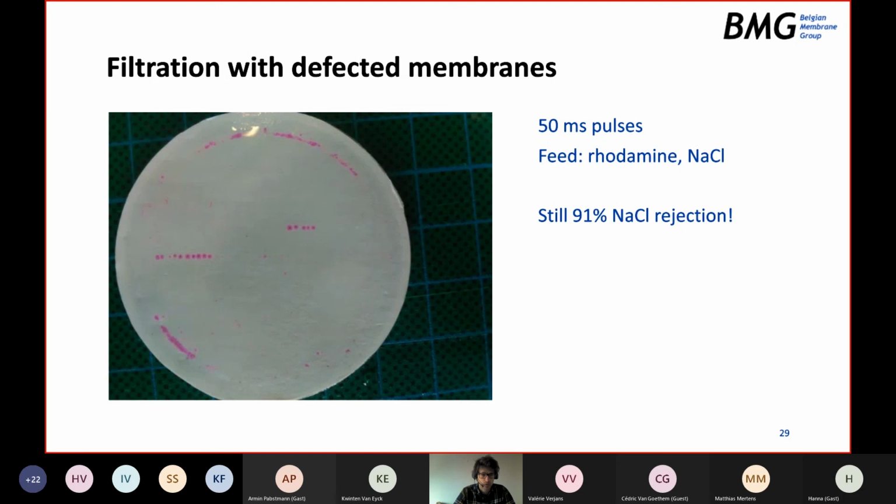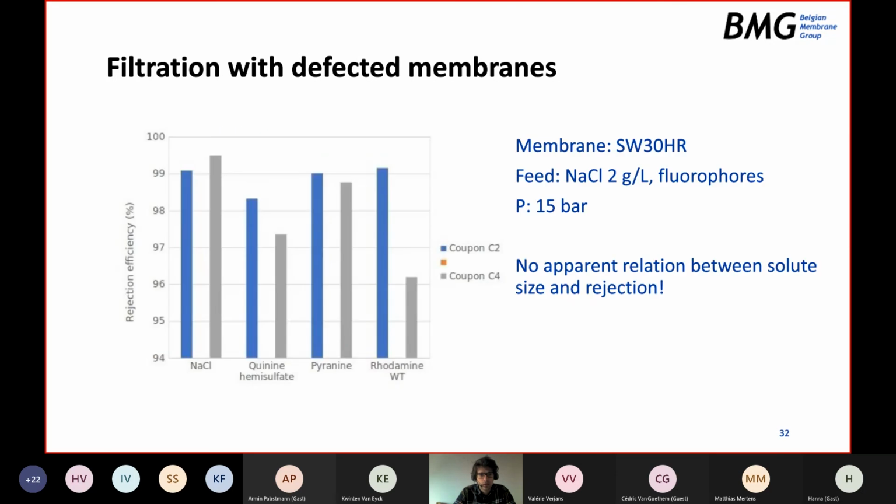And of course, we've tried many different O-rings and different torques to close the cells and so on, but this seems to be a general problem. It occurs almost every time. And so the filtration performance here of those defected membranes, again, the salt rejection is quite okay, still 99%.